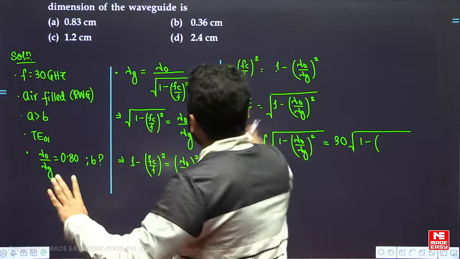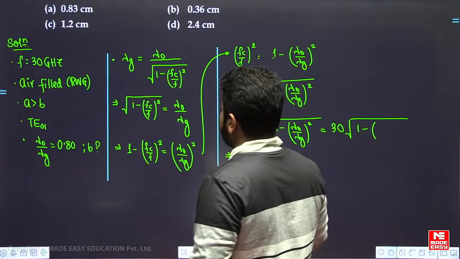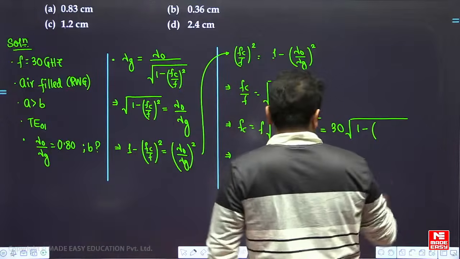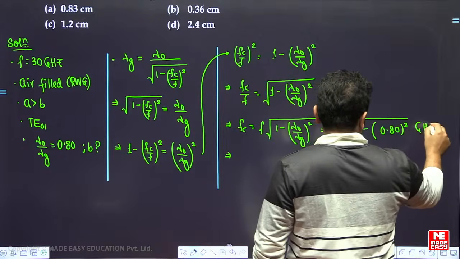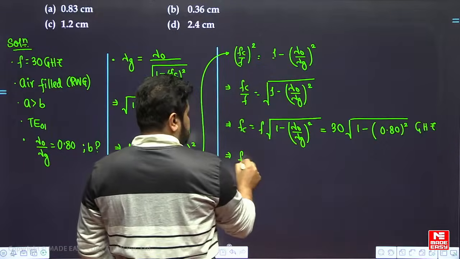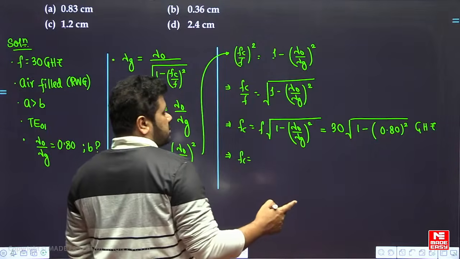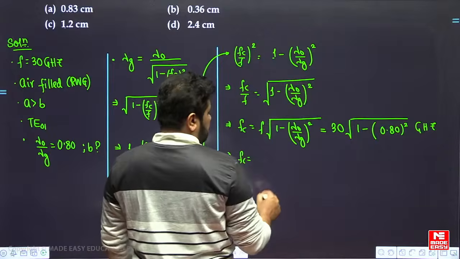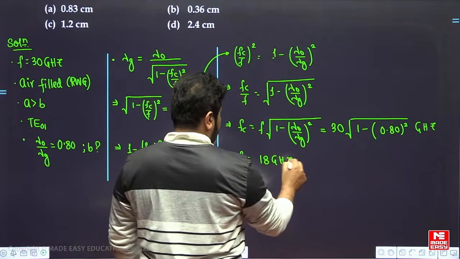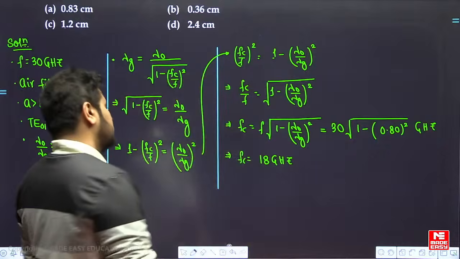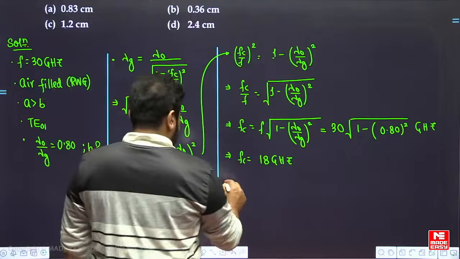So lambda naught upon lambda g is given, yes, 0.80 whole square gigahertz, right. So what is the cutoff frequency? So this is 0.64, 1 minus 0.64 is 0.36, root is 0.6, right. So this will become 18 gigahertz. So 0.6 into 30, so 18 gigahertz, okay. Cutoff frequency is 18 gigahertz.